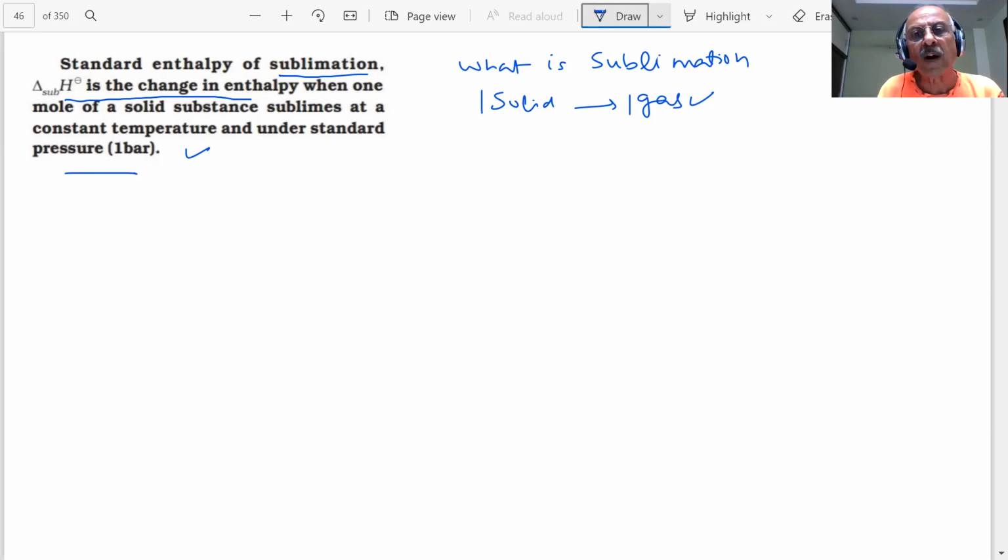For example, you are aware of solid carbon dioxide, what you call dry ice. Are you aware of it? CO2 solid.